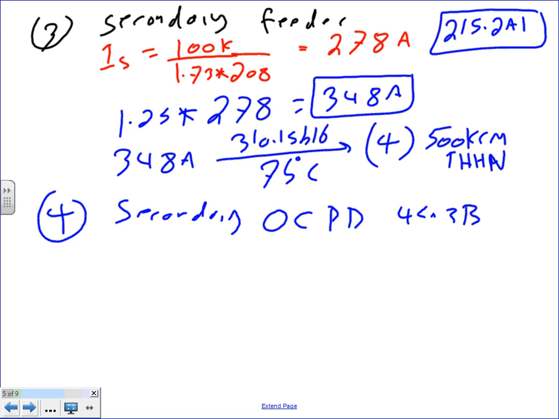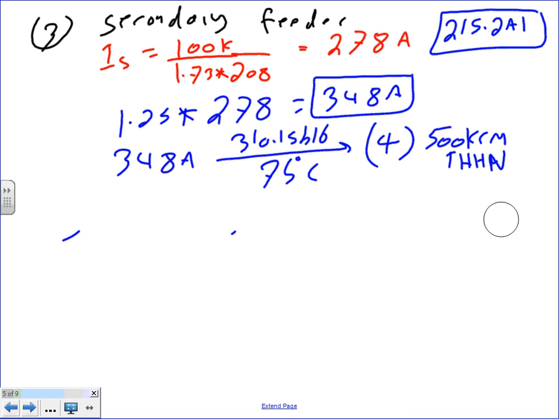Just because we're focusing right now on the calculation of the transformer, should I derate the neutral? I think it's a very good idea to derate the neutral. You know what? Let me just erase this and derate the neutral because I really want to show you.